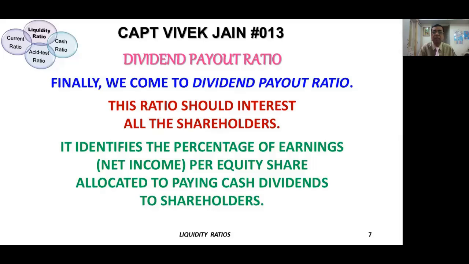So a part of the net profit is given out and the remaining portion is kept for plowback and for reserves. The amount that is given to the shareholders is called dividend paid out. Now, how much is the dividend payout ratio? It has to be some percentage of the whole net profit. But that is what we have to understand.